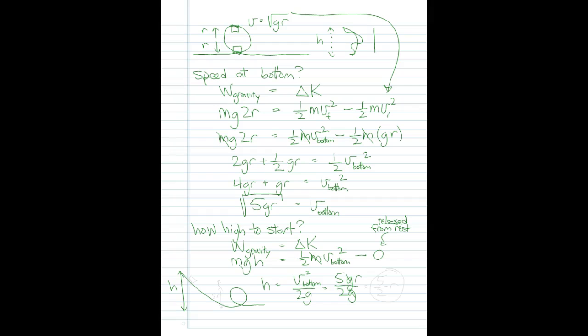The g's cancel, and you get a really surprising result: 5/2 times r. That's how high you have to be. So remember, the height of the whole thing is 2r, and so you have to be one more half an r high to start and make it safely around the loop. That's if there's no friction, of course. But that's a story for another problem. Okay.